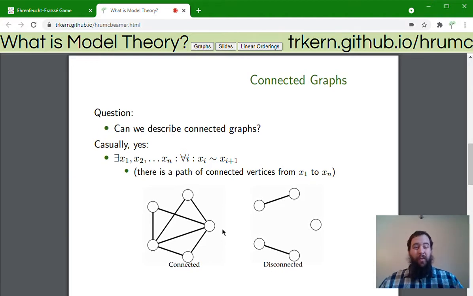And of course, if we're going to use the language casually, then yes, we can say that there's a path, but in order to do so, at least in the casual sense that I've shown here, we need ellipses, we need quantifiers over numbers. This looks like first order logic, but it is not first order logic. We've gone beyond first order logic in this particular formula, which expresses there being a path of connected vertices from one vertex to another. You can use that to describe what it means to be connected.